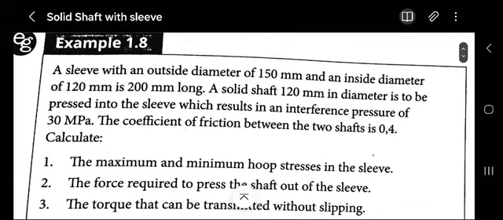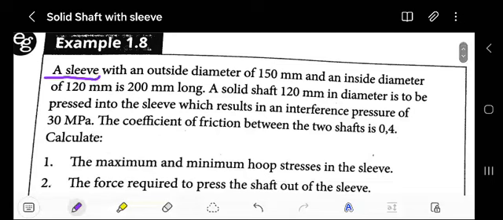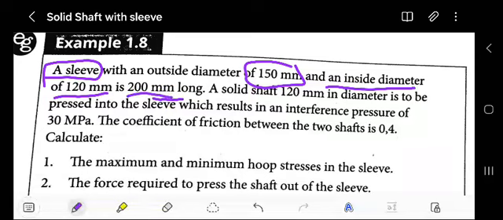Read here. It says a sleeve. Take a note. We are dealing with a sleeve with an outside diameter. We have given the outside diameter, and the inside diameter of that should be 120 millimeter wide. The sleeve is 2 millimeter long.